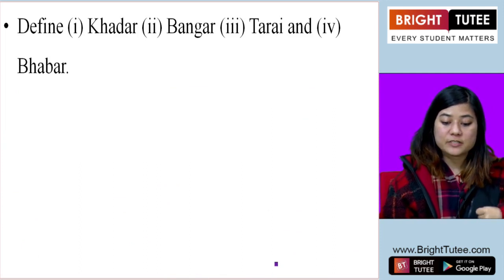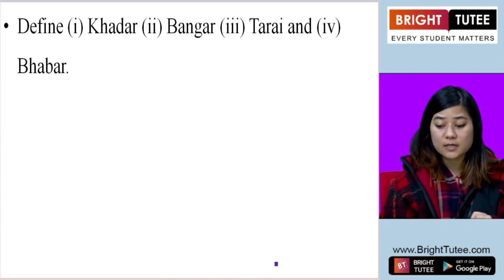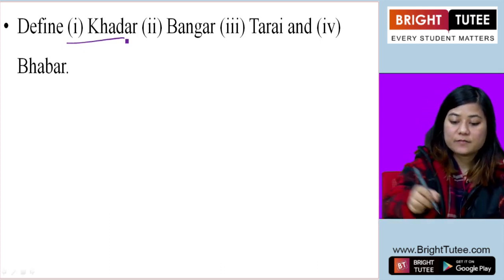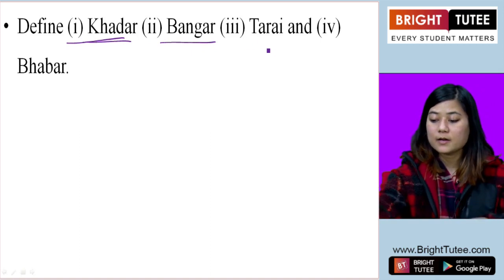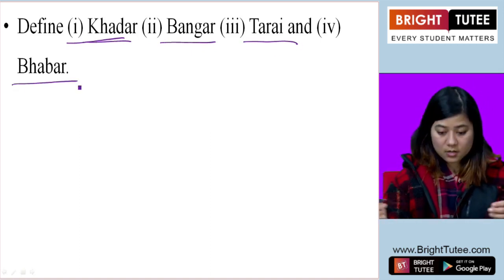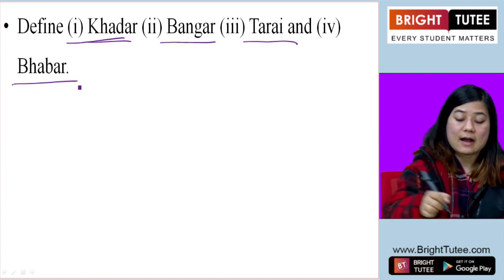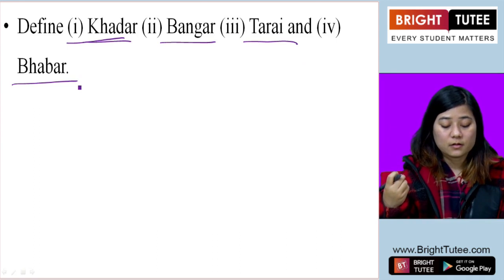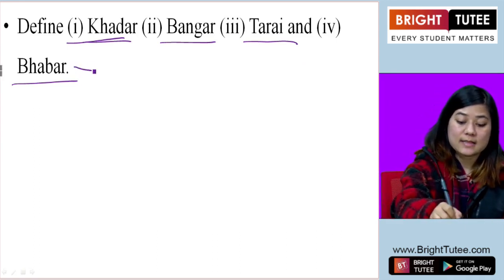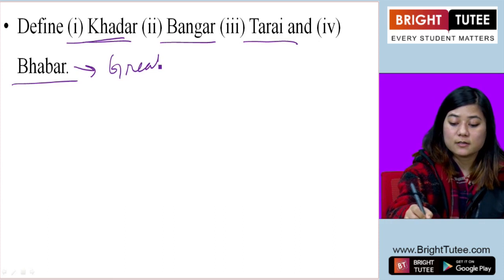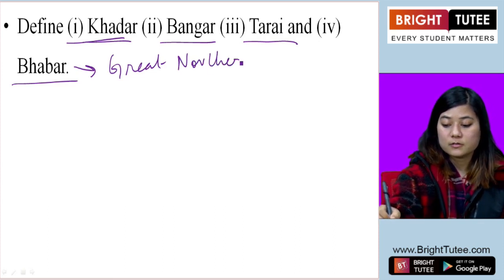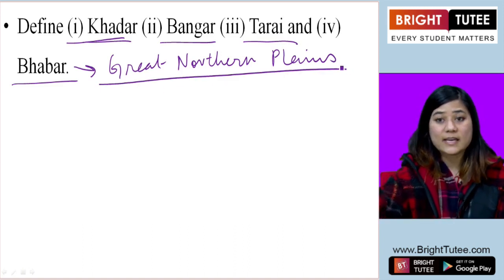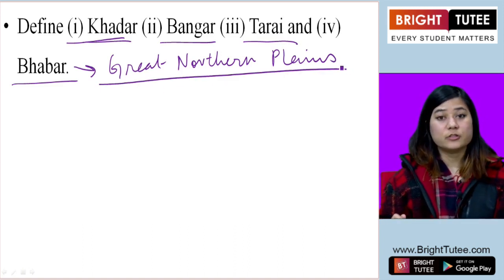Next one. Here we have to define four different features of the Northern Plains: Khadar, Bangar, Tarai and Bhabar. If you remember, these are the different soil deposits found in the Great Northern Plains.